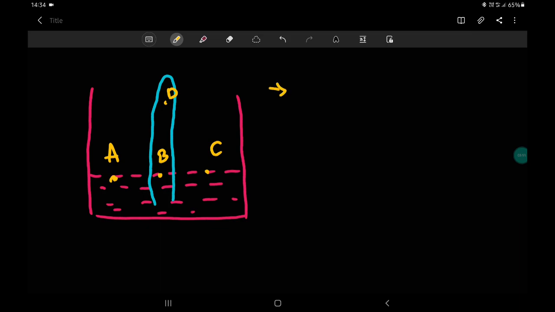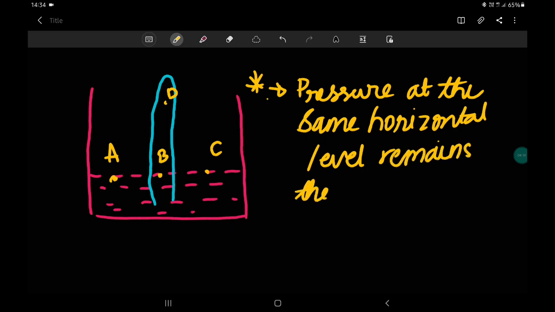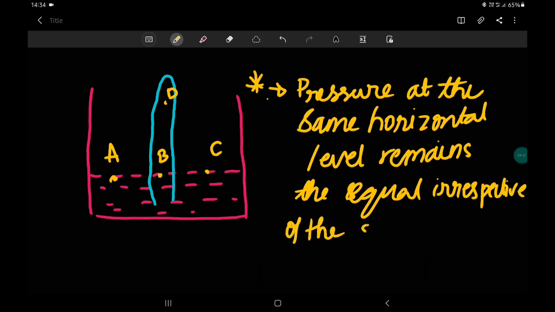Here you should remember an important point: pressure at the same horizontal level remains the same, equal, irrespective of the shape of the container.